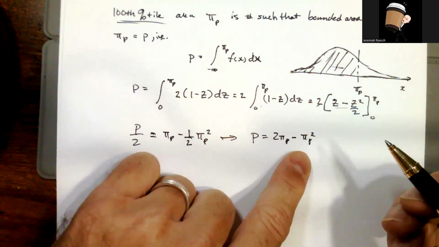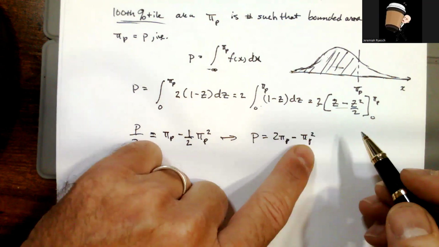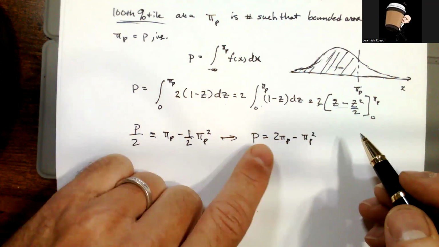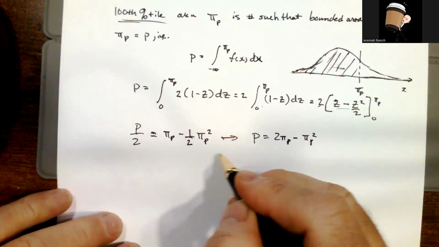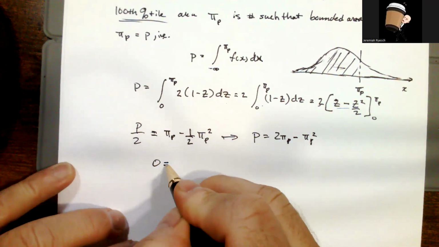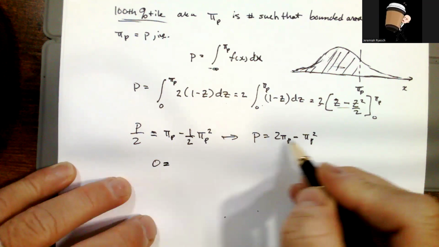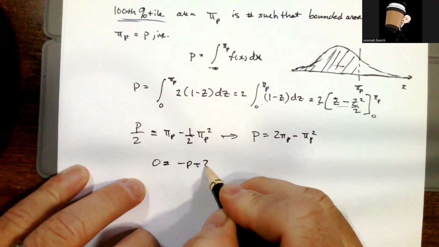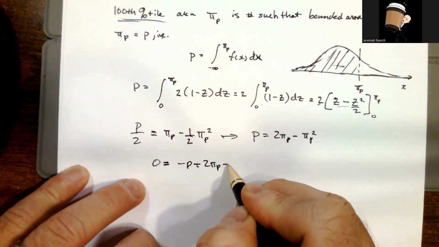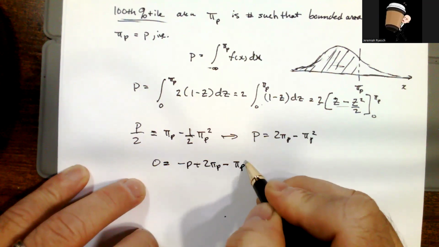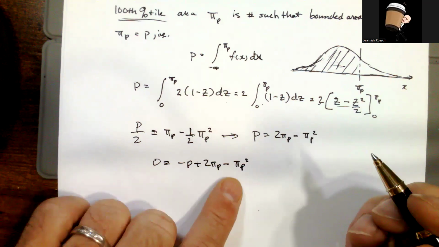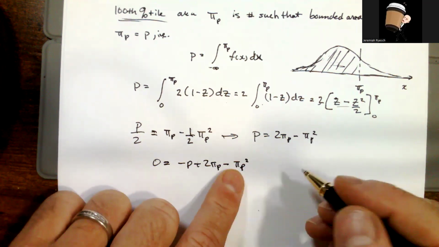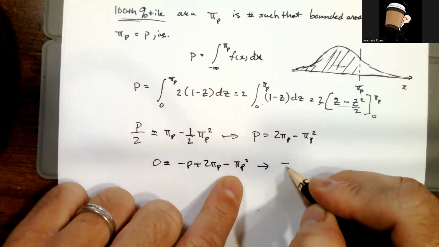Now to solve this, remember the variable we're after is pi p. So I'm going to set this equal to 0, subtracting p over, and I get 0 is equal to negative pi p squared plus 2 pi p minus p. Notice it's a quadratic in pi p, so I can use the quadratic formula.